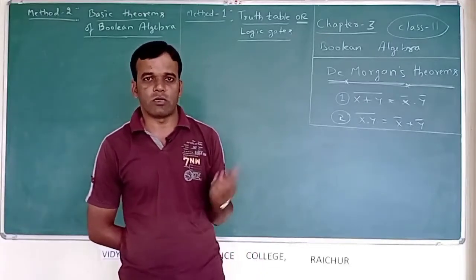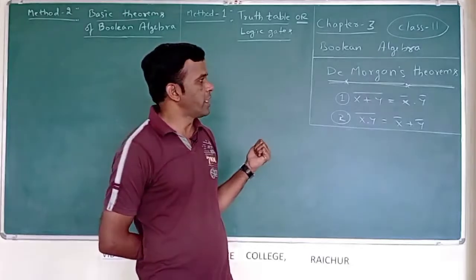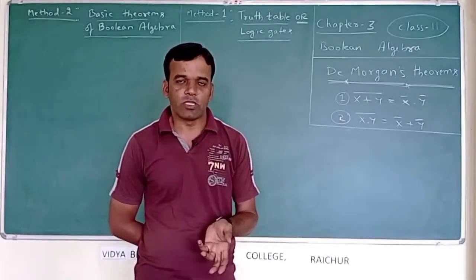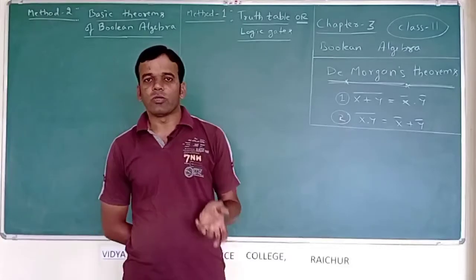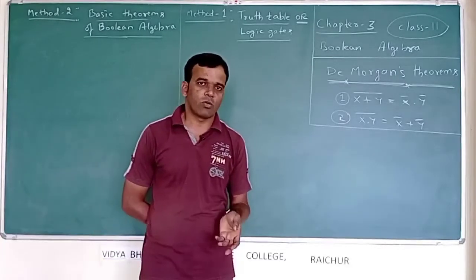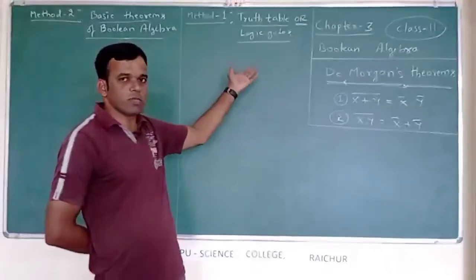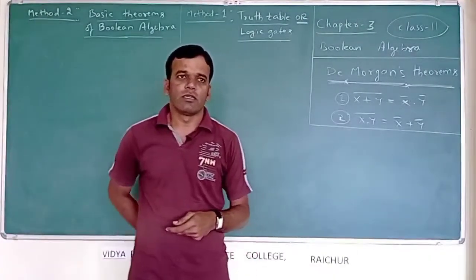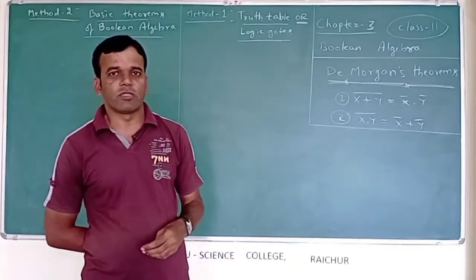When it comes to the exam, usually we won't see any condition on how to prove the theorems. Suppose you get a question to state and prove De Morgan's theorems, and there is no condition on what method to use to prove. At that time it is better to go for the truth table. Without using the truth table, we have to remember all the 18 basic theorems and use whichever is useful.